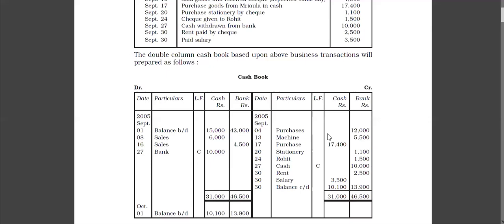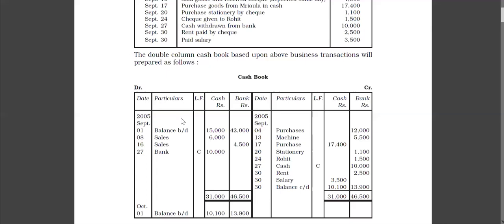So this debit side total is 29,000 only. So you have to tally this, 31,000 minus 21,000. Remaining balance 10,100 we have.